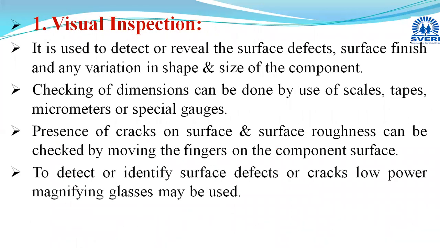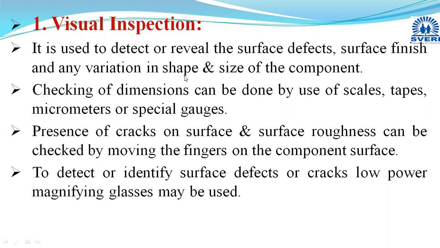Now, what is the meaning of visual inspection? We are doing this inspection with the help of our naked eyes, and some simple instruments we are using here. And what is the purpose? Whether any kind of surface defect is there. This visual inspection is used to detect or reveal any kind of surface defect.